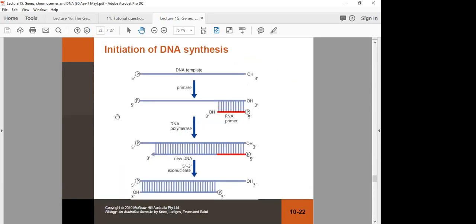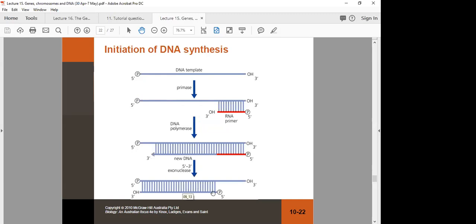All right, so what we just looked at on the whiteboard is also illustrated here. But it's just showing one strand of DNA here, insertion of an RNA primer, which shows the free 3' hydroxyl group, and then DNA polymerase can start adding complementary nucleotides to synthesize a new strand of DNA.